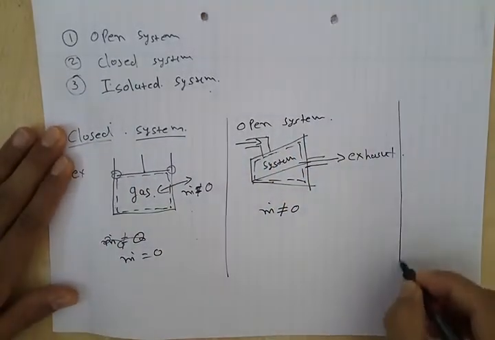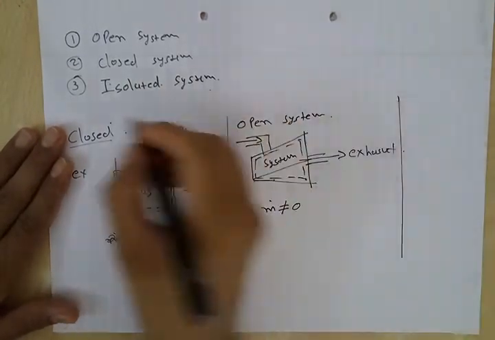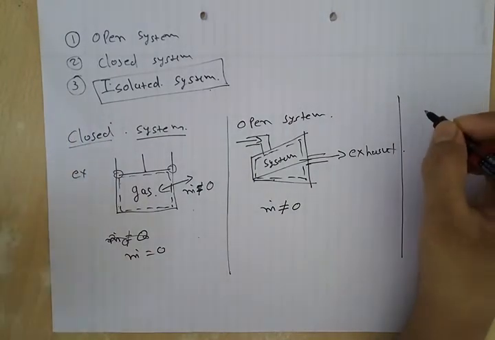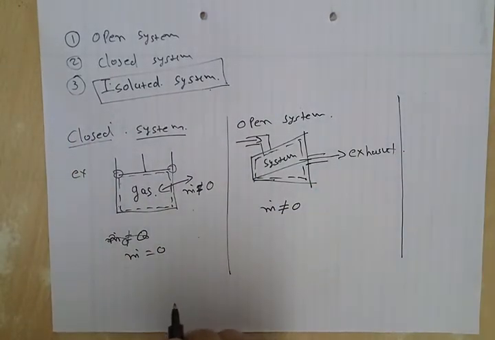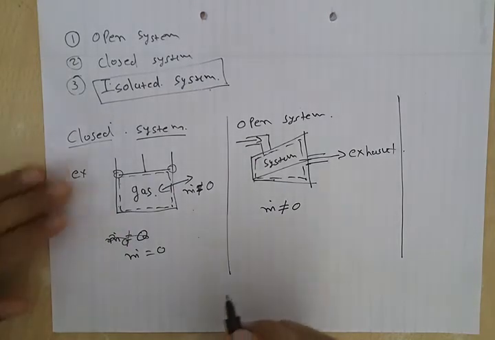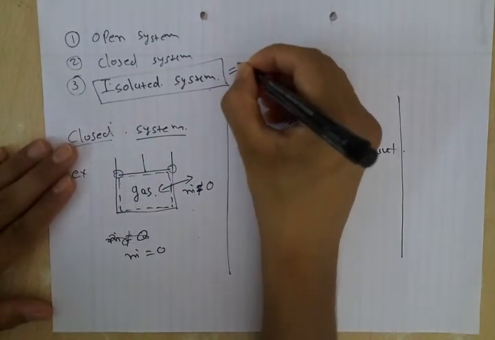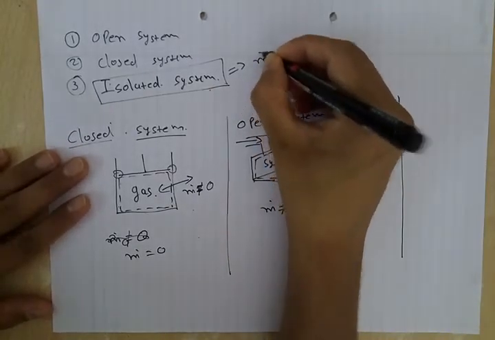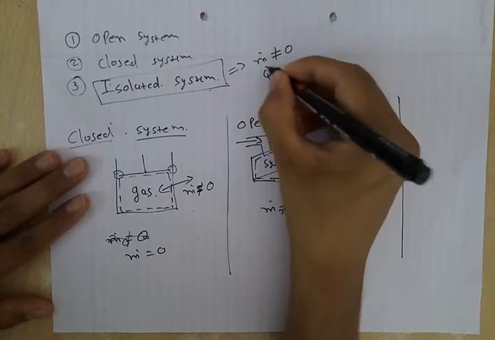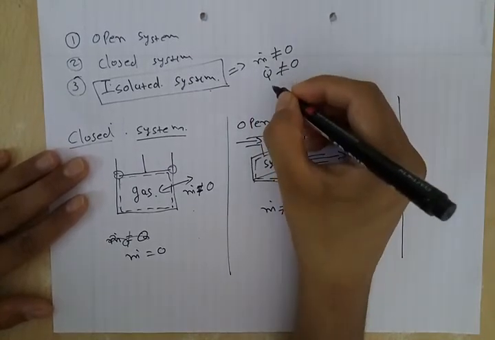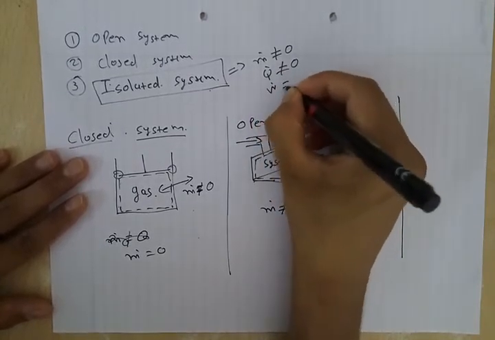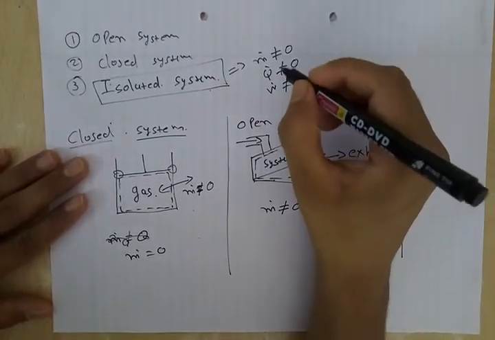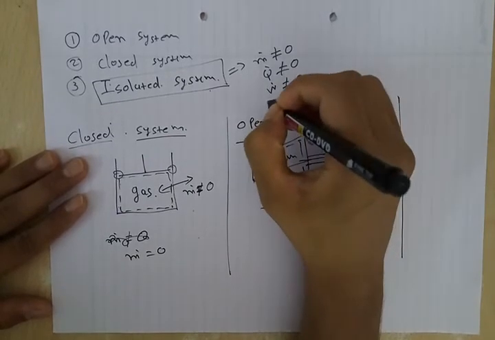However, there is a third category, which is isolated system, which is not a very useful concept for practical purposes, because it says that for isolated system mass transfer is equal to 0, heat transfer also not possible, and work transfer between system and surrounding is not possible.